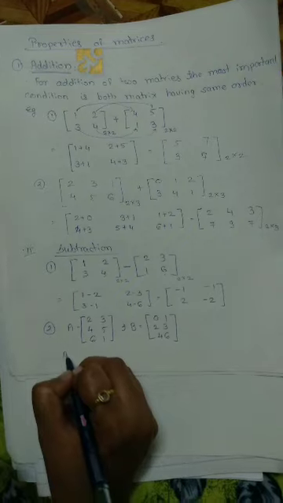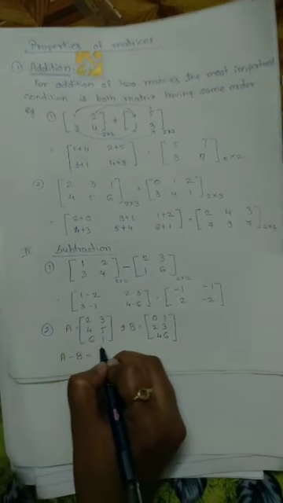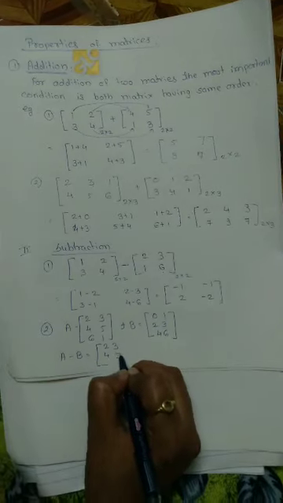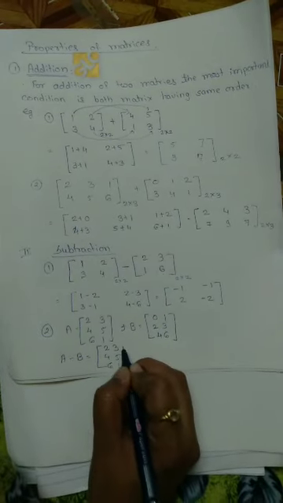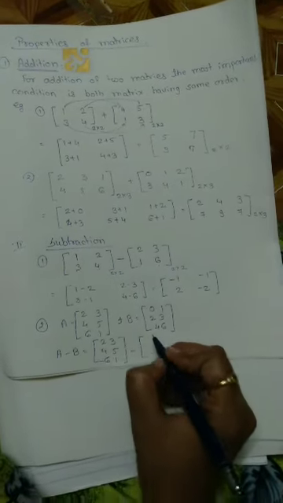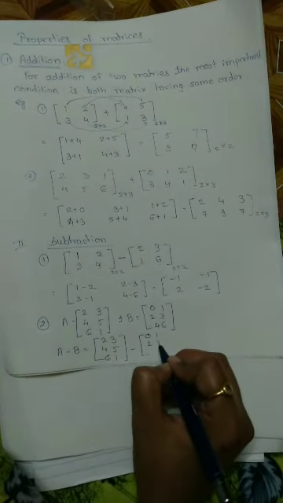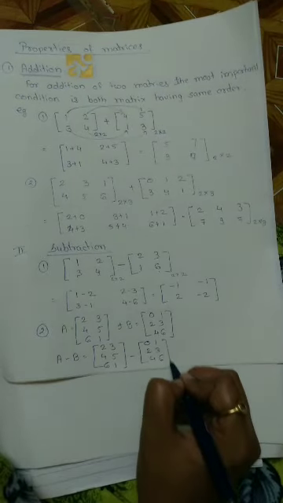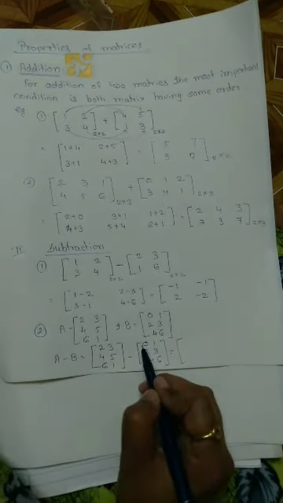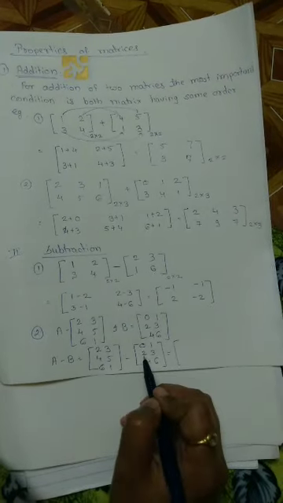So we want to find A minus B. So what we are doing, we first write the matrices. Write down the first matrix A, 2 3 4 5 6 1, minus our second matrix 0 1 2 3 4 6. Now we are subtracting the first entry from the first, second entry from the second.